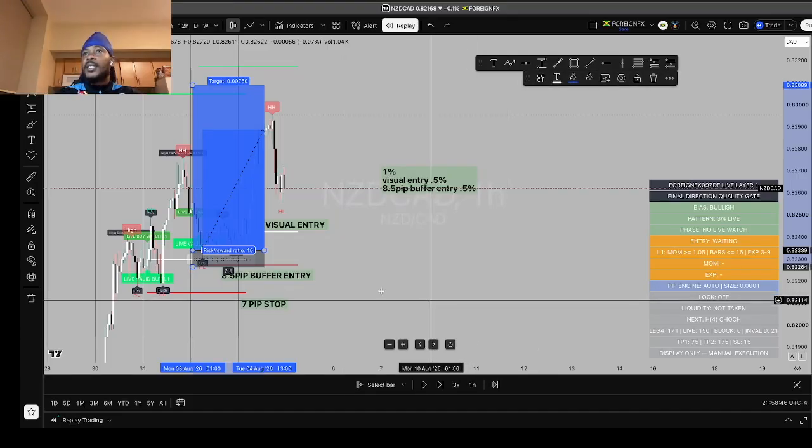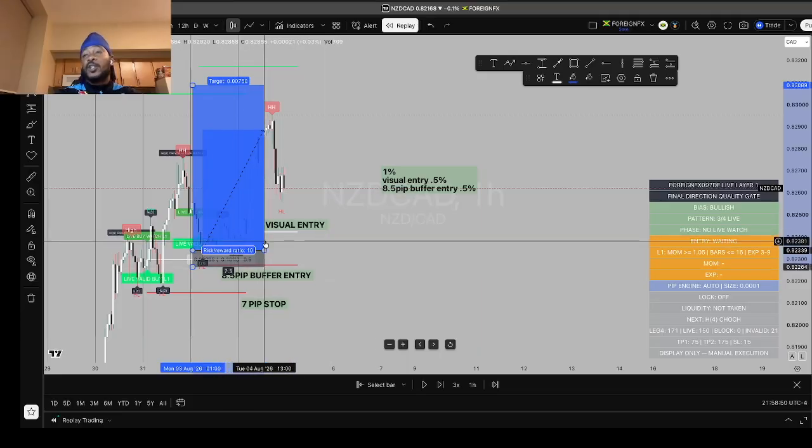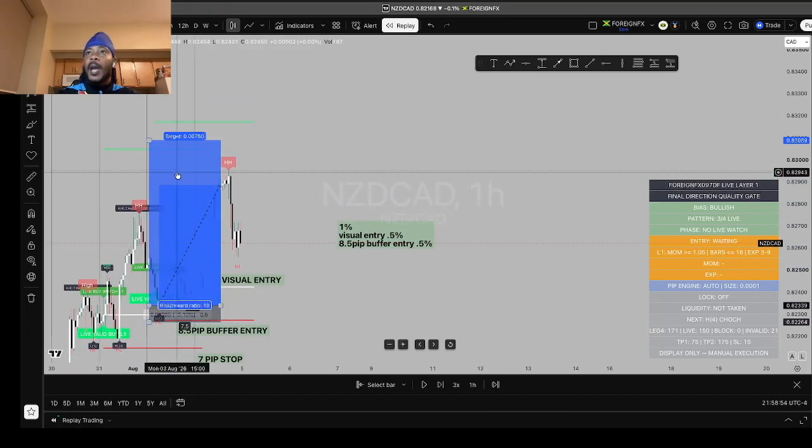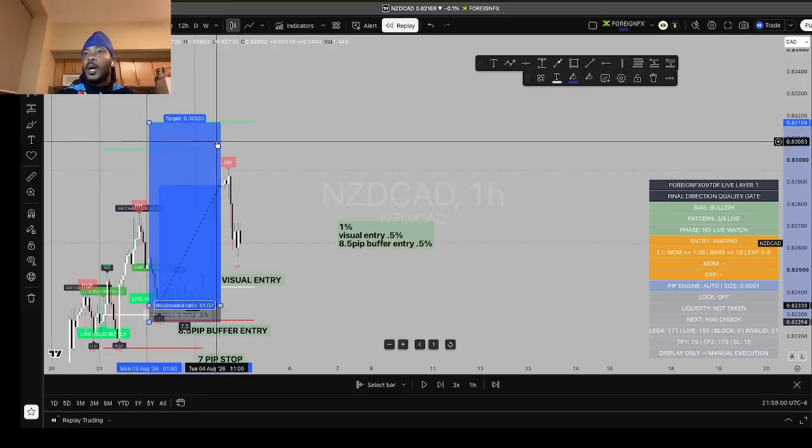Being that this trade was taken at the, not visual, the 8.5 pip buffer, I would have taken price all the way up there, and that would give me a total of 11R. So what does R mean? I risk 1% of my capital, and in return, I get 11x.